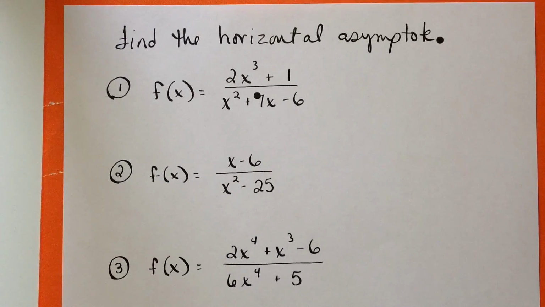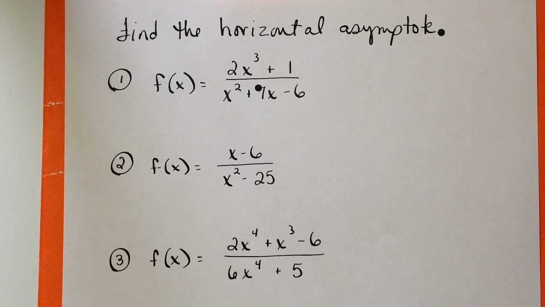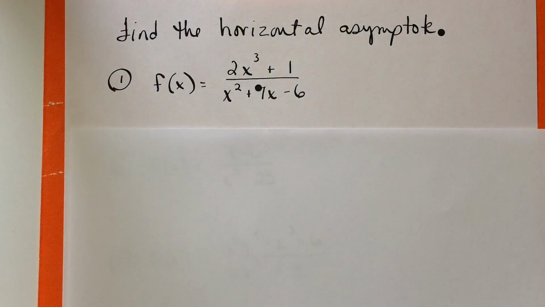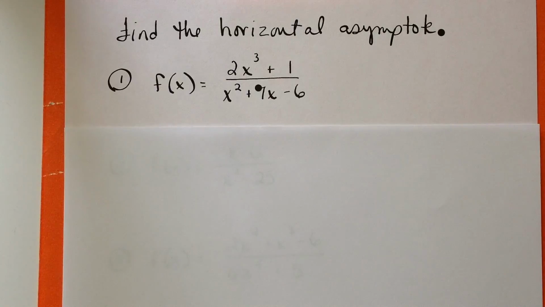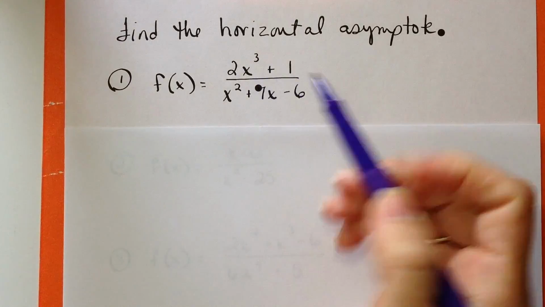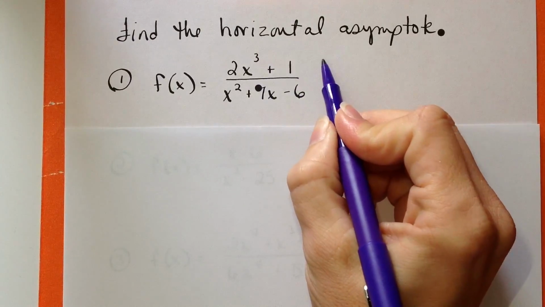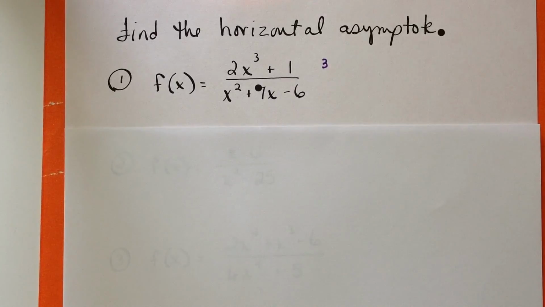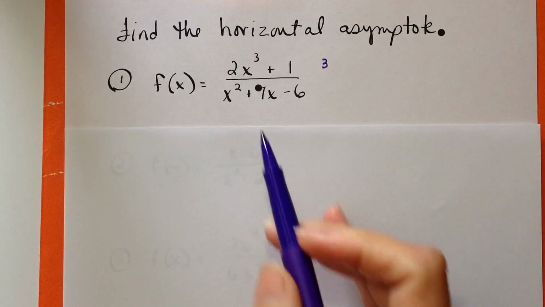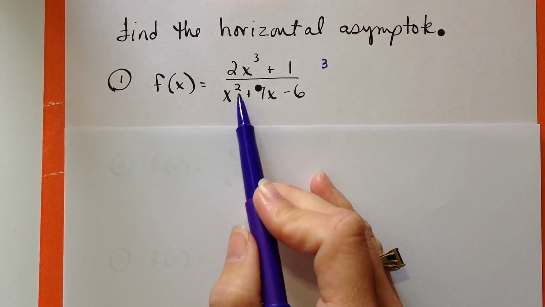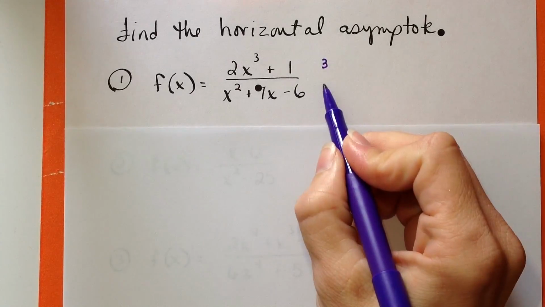Okay, so here are our examples. Okay, so with this first rational function, the degree of my numerator is going to be 3. It's always just the largest exponent. The degree of my denominator is going to be 2.